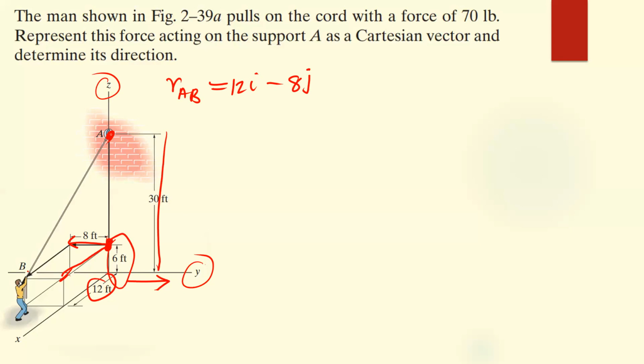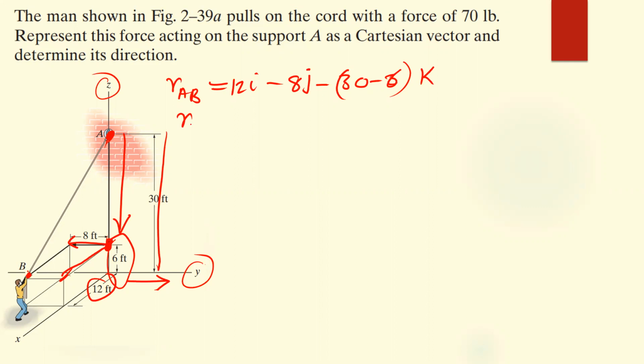But remember, we're coming from A going to B, which is under A. So the direction we're taking is this one, which is the negative what? Negative 30 minus 6. So 30 minus 6, that will give us what?